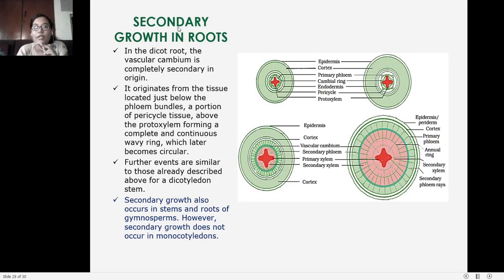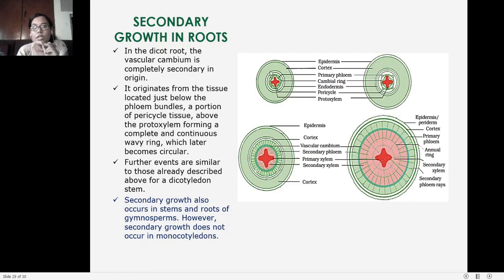Now we can find secondary growth in roots also, in a few dicot roots. In the dicot root, vascular cambium is completely secondary in origin. It originates from tissue located just below the phloem bundles, and a portion of pericycle tissue above the protoxylem, forming a complete and continuous wavy ring which later becomes circular.